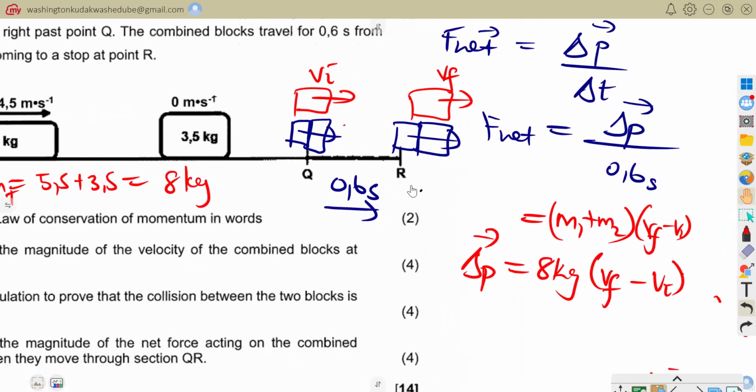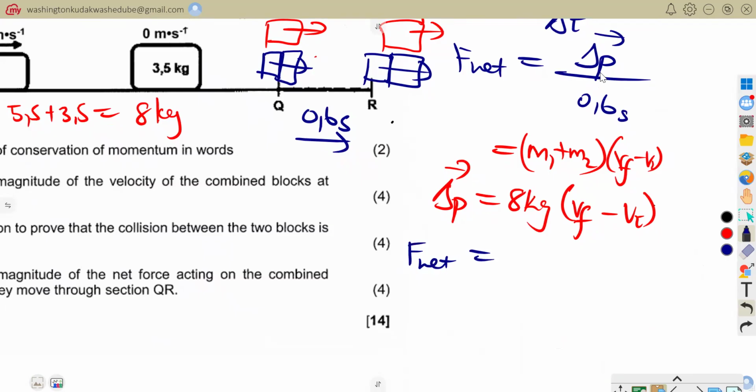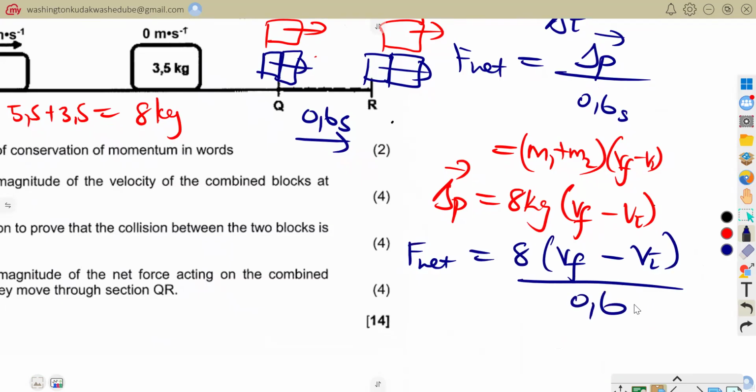So my net force from this equation would be equal to 8 times my final velocity minus my initial velocity of the two objects, divided by the time taken, which is 0.6 seconds.